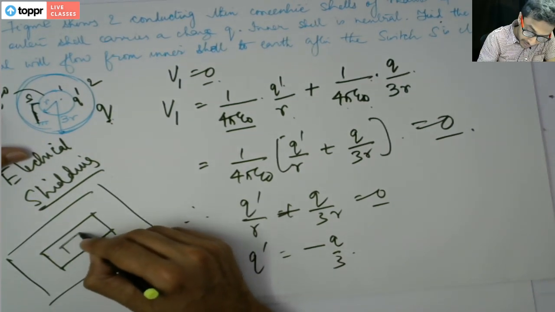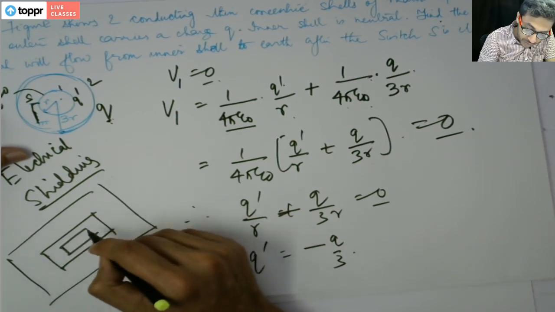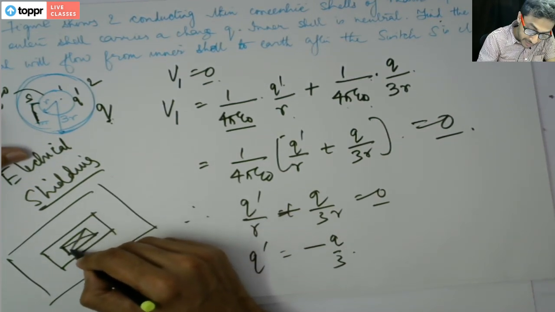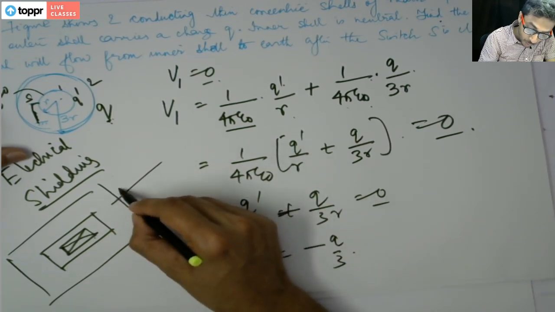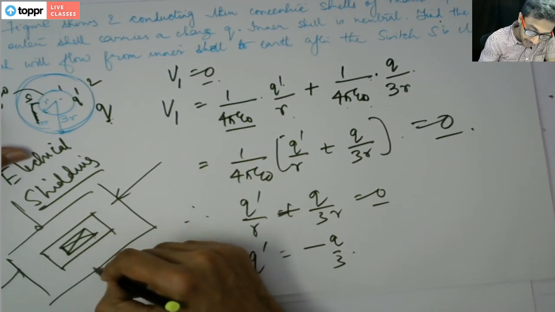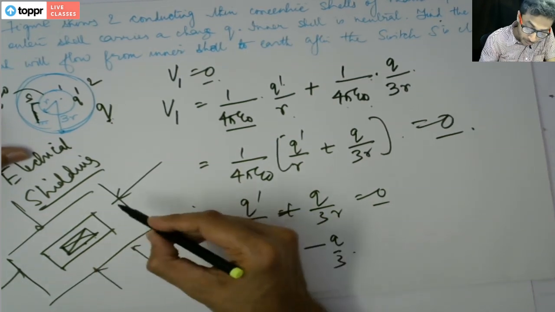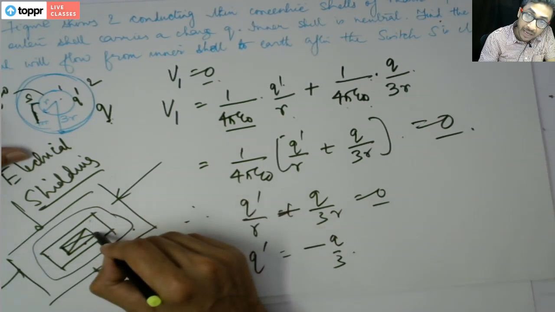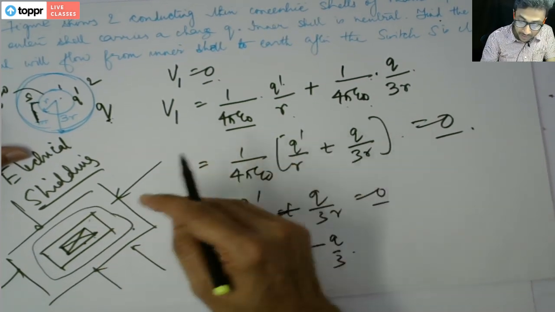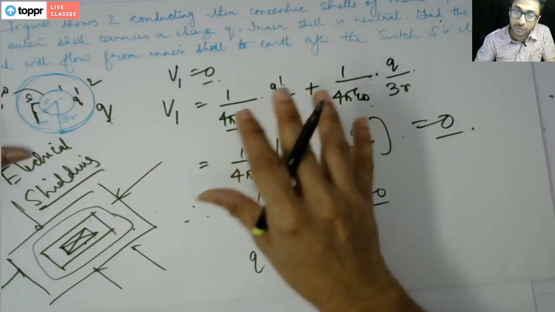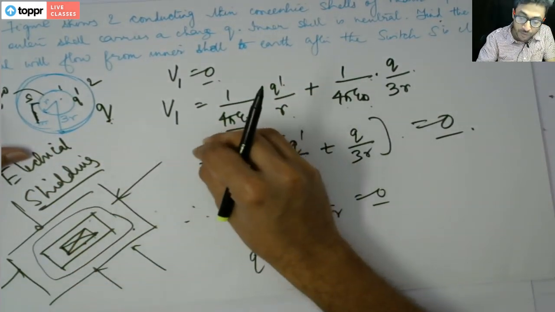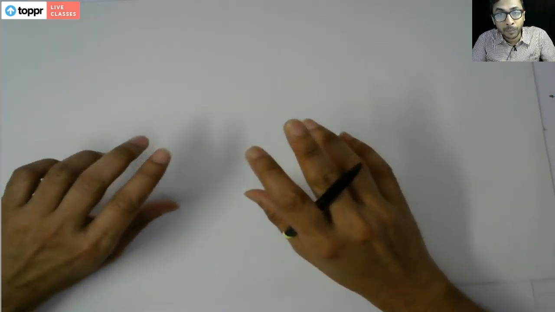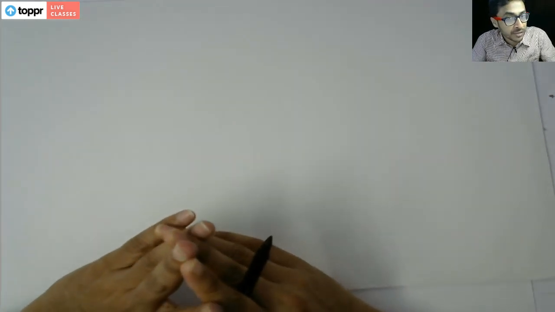So if there is any sensitive instrument which needs to be protected, if we keep the sensitive instrument within the cavity, then no external electric field can affect this instrument, because the electric field within this conductor will be 0 as well as within the cavity, that we have already discussed, right? This process of protecting an instrument is called electrical shielding. Any more questions?